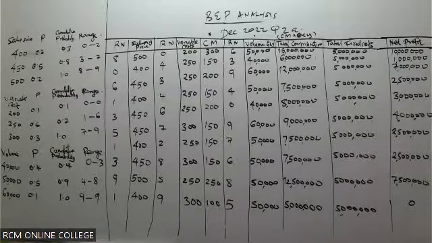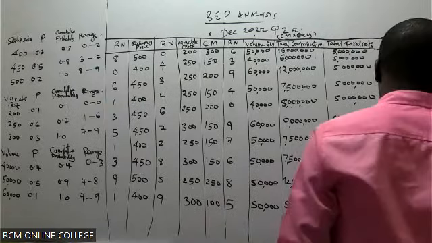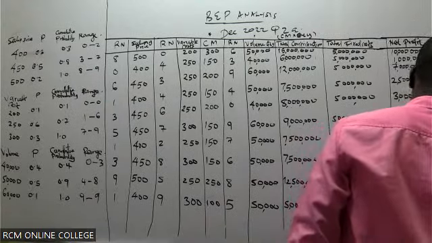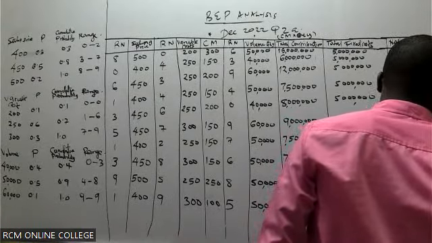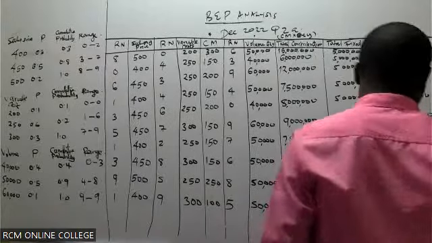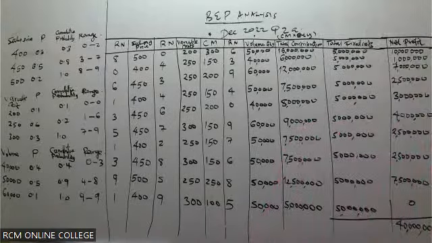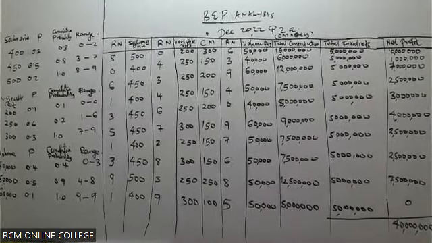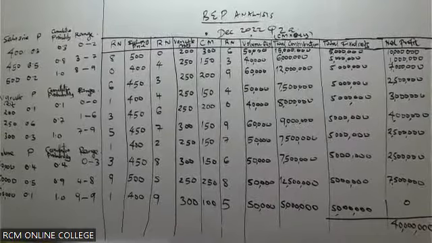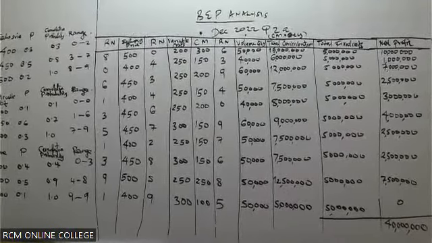Good. Total 40 million. So I'm told if you add everything here, you're going to have 40 million. Please confirm. Is that the case?